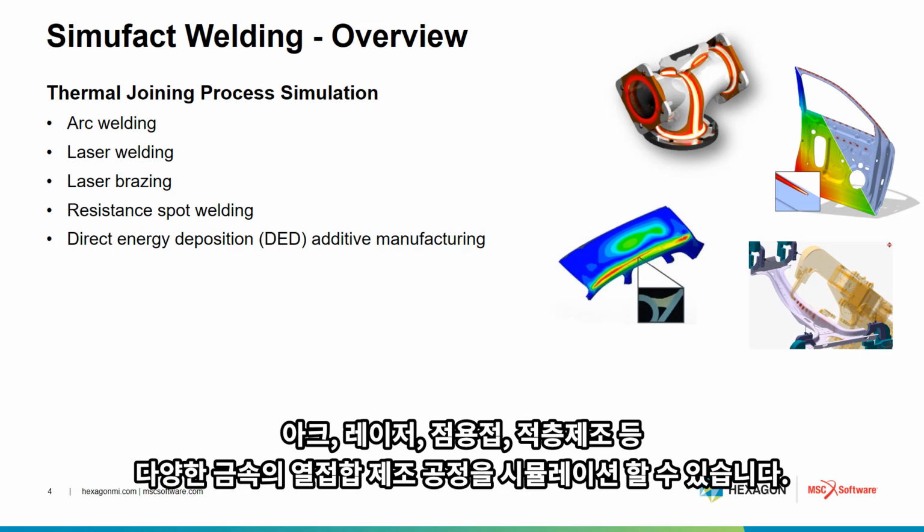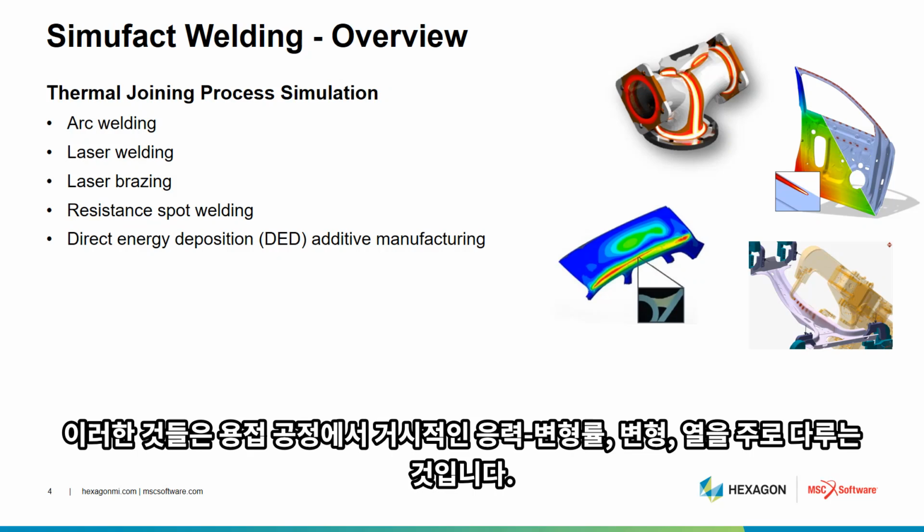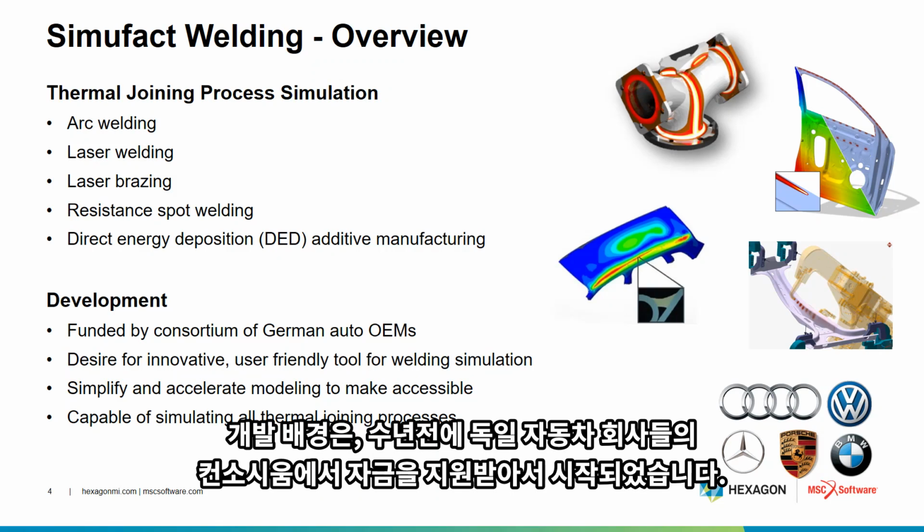We cover a number of different metal manufacturing or joining processes: arc, laser weld, laser brazing, spot welding, direct energy deposition. All these are focused on the macro scale stress, strain, distortion, thermal aspects of the welding process. A little bit of background: the solution was developed some years ago, funded by a consortium of German automotive companies.